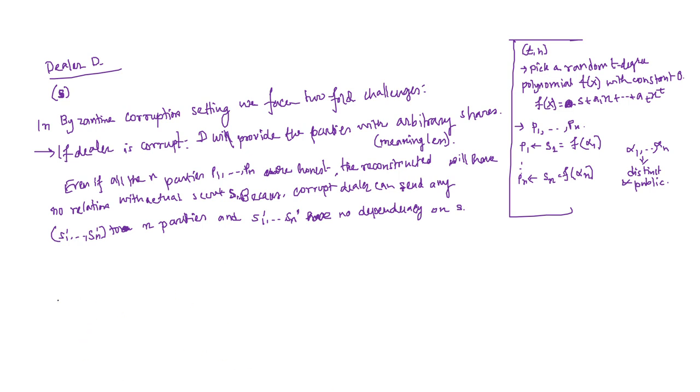This is one challenge. And another challenge is, if the dealer is honest and T parties, so without loss of generality, let's say P1 to PT, these T parties are Byzantine, right?